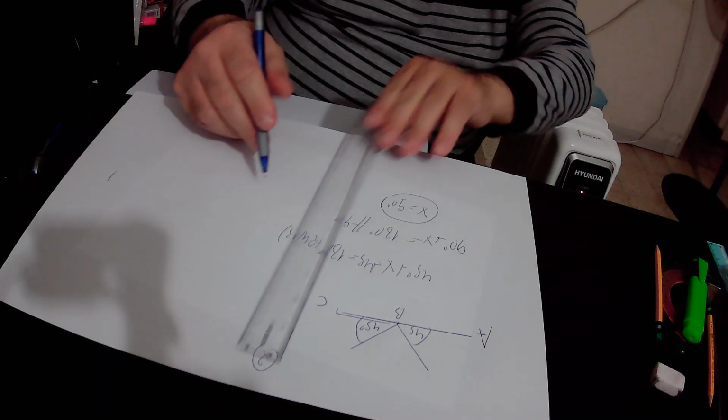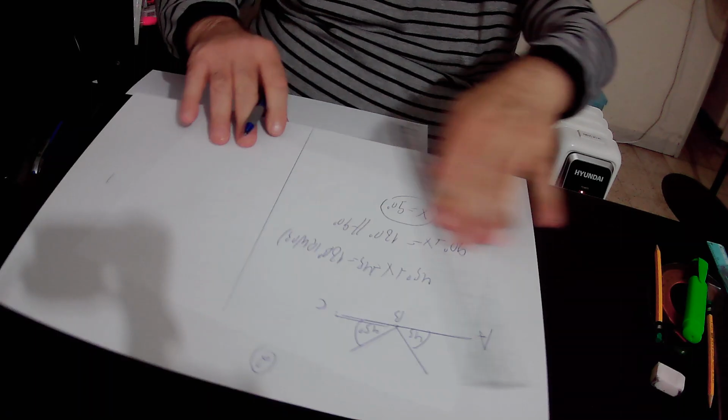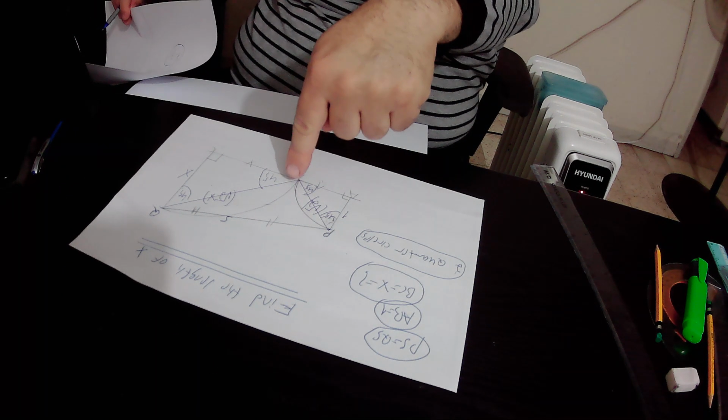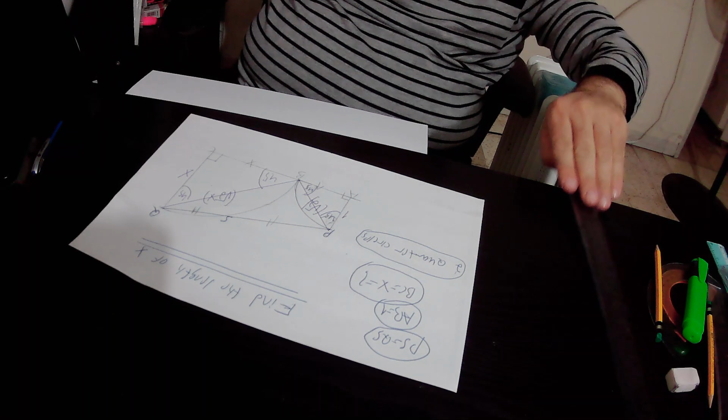So you can write down in the original drawing that the missing angle PBQ is equal to X, equal to 90 degrees, it is the right angle.